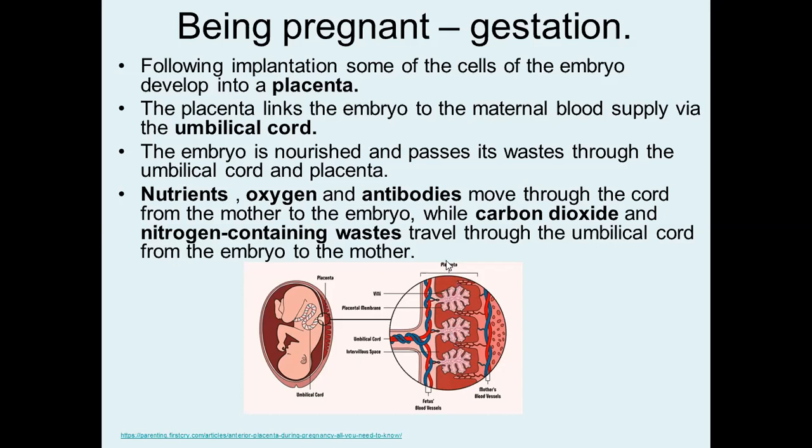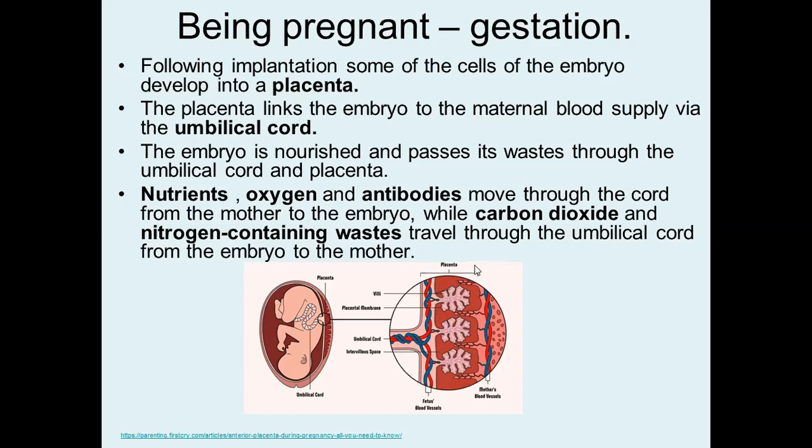So there is a membrane, and I'm going to show you on the actual drawing with the mouse. There's a membrane which separates embryonic tissue on the left from maternal tissue on the right.